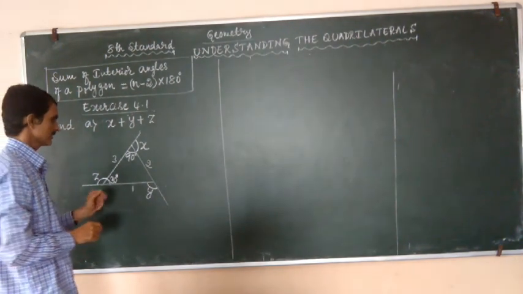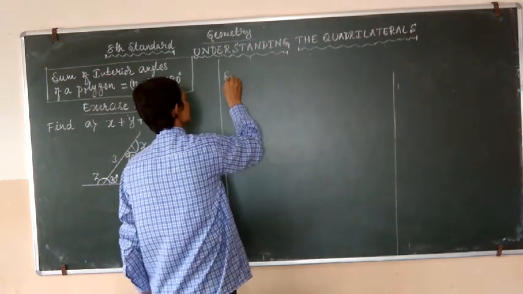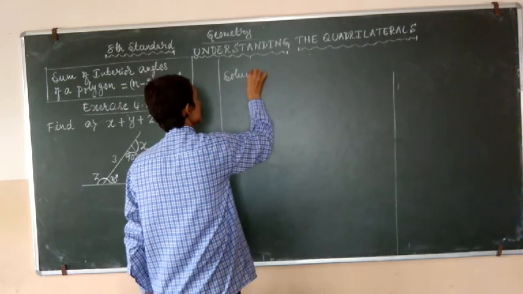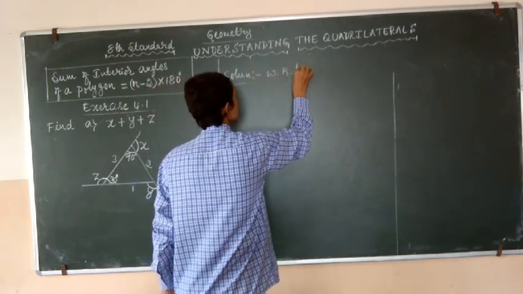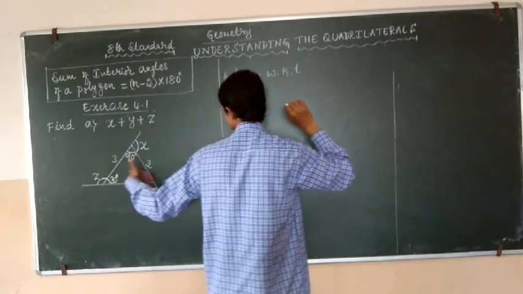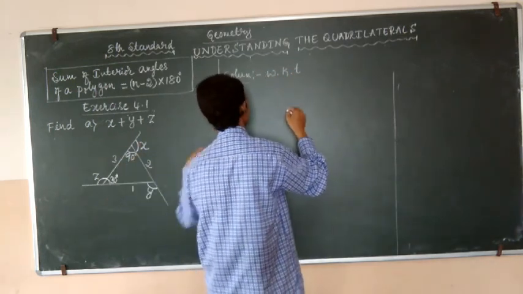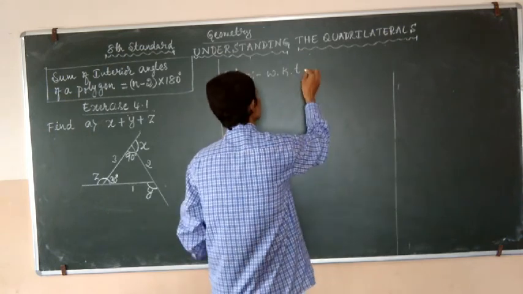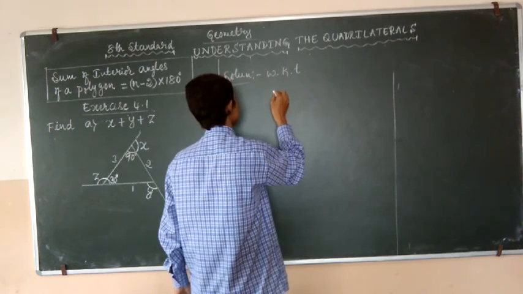Now students, we know that it is a triangle. The solution for this problem is, we know that the sum of the interior angles of a triangle is equal to 180 degree.